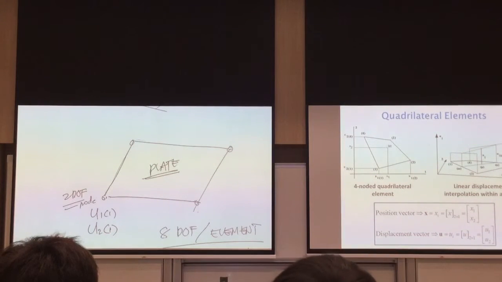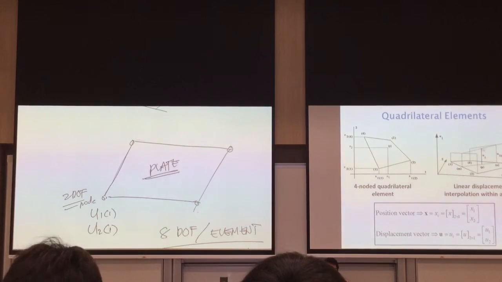So what do I do first? First I do an interpolation here with my displacement here. I perform a second interpolation here, and I do my third interpolation here to be able to get that displacement at point P within my quadrilateral element.